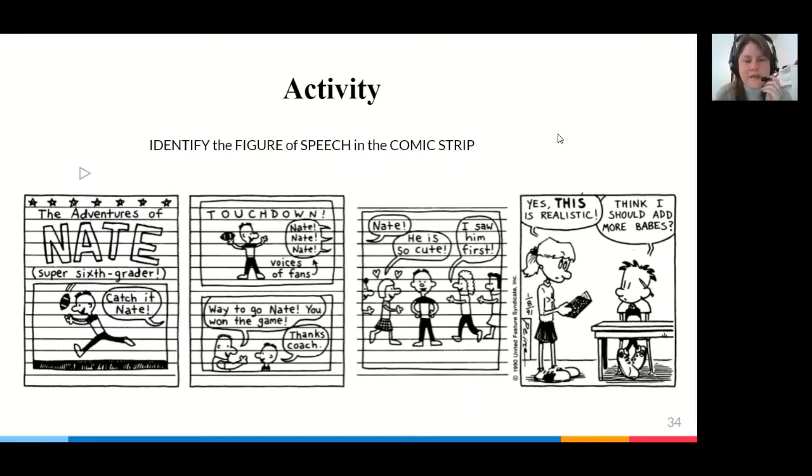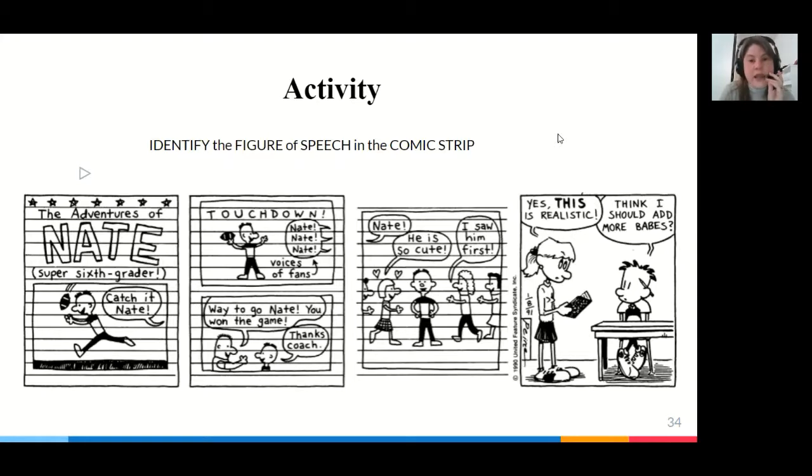When you are speaking a foreign language, it's very hard for you to grasp the irony. It's very hard for you to get comedy, to get figures of speech.